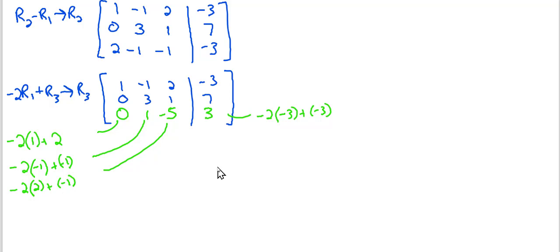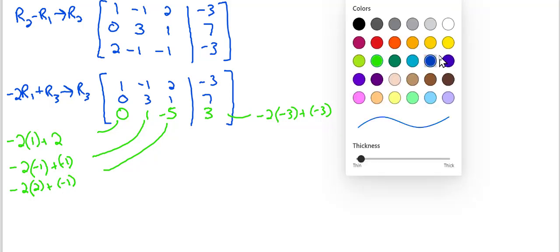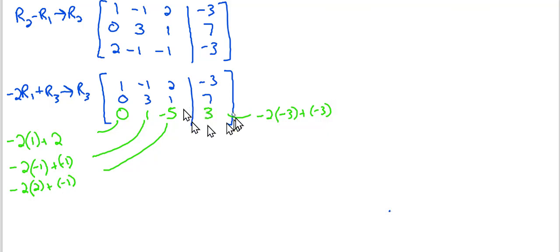Next, as I move over to the second column, I want a 1 where that 3 is. Typically, we would multiply row 2 by 1/3, but that is going to create some yucky fractions. 7/3, I do not want to deal with that.